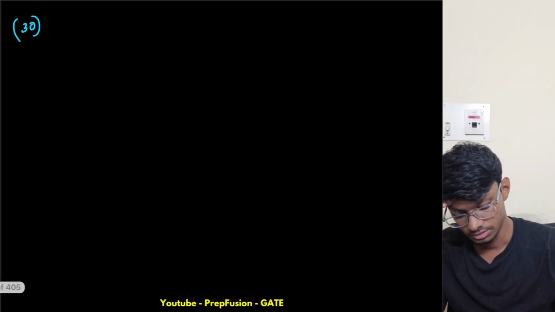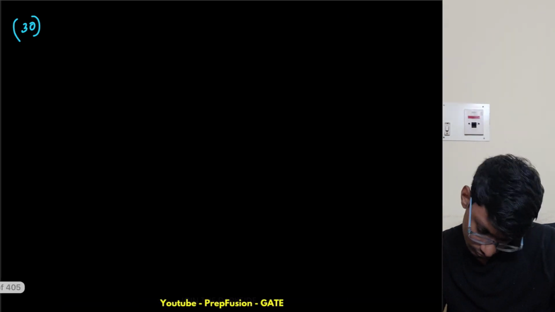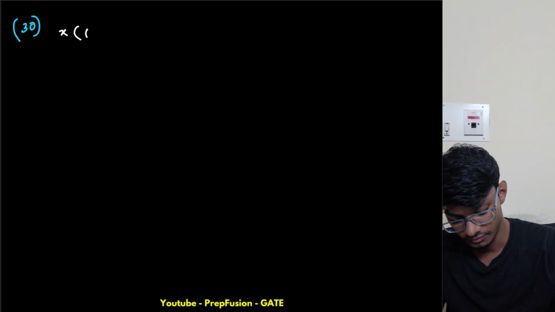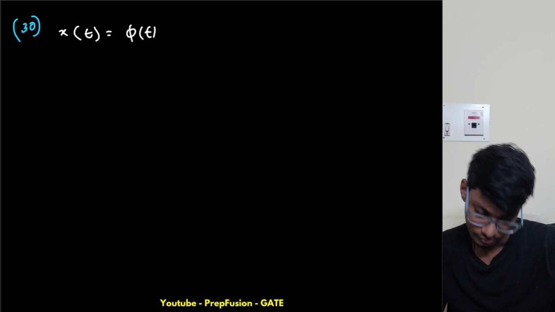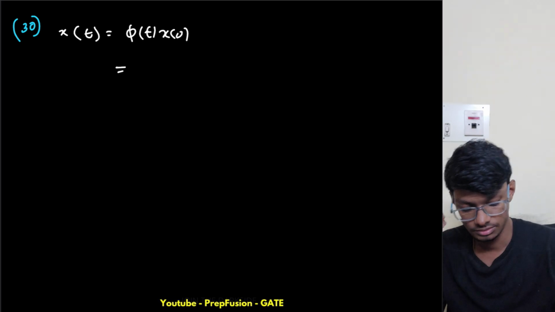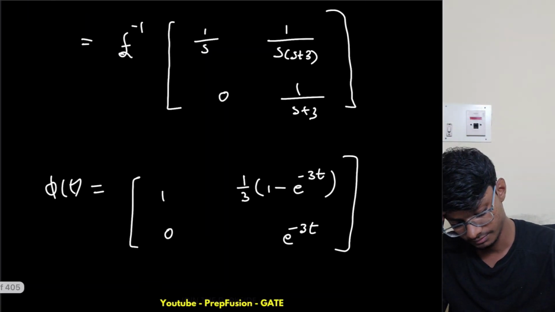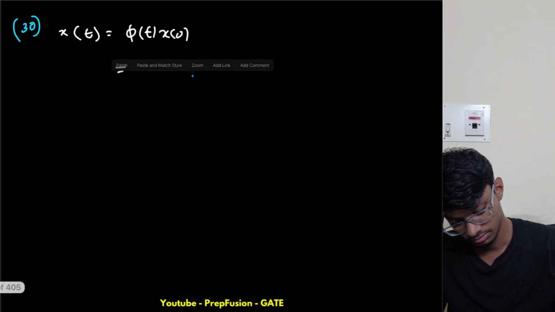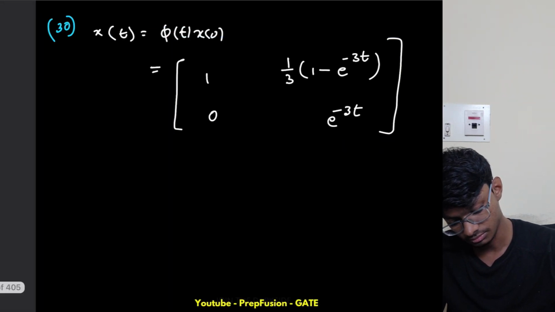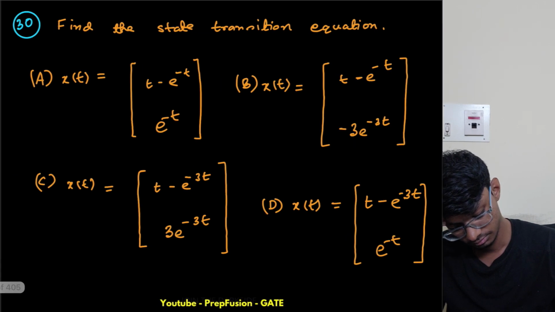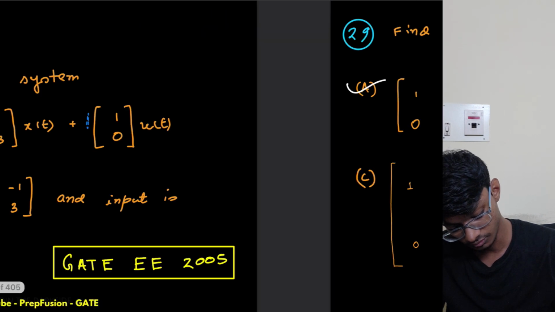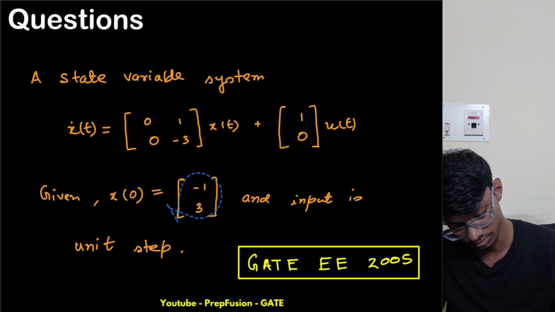My x of t will be equal to 5 of t times x of 0. So this is my 5 of t. Let me copy this. One zero, no, not 1 0, minus 1 and 3.